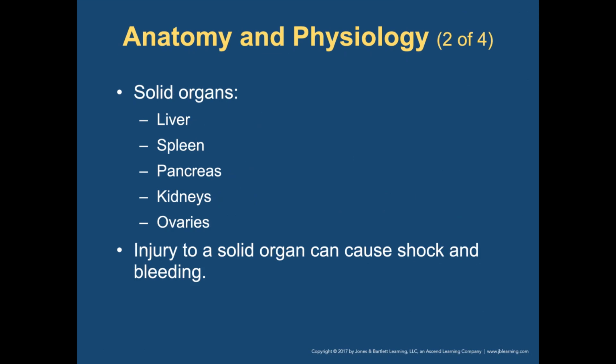They keep a certain amount of hydration in you, but they also regulate certain electrolytes that we need to keep in balance, like potassium. If you've ever heard of hypokalemia or hyperkalemia, usually the problem with it getting high is the kidneys are failing. If the kidneys are failing, that's one of the things we have to watch out for. You really see that problem a lot with dialysis patients. And then you have your ovaries. Those are solid organs.